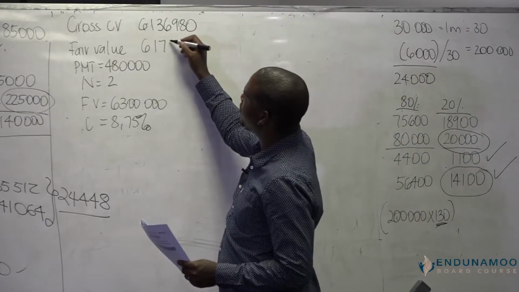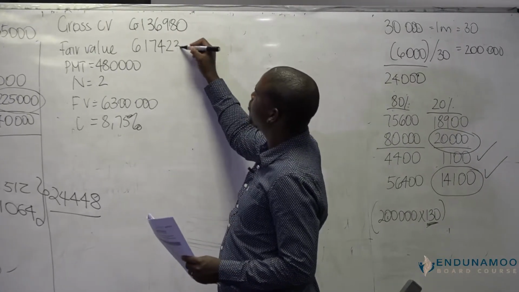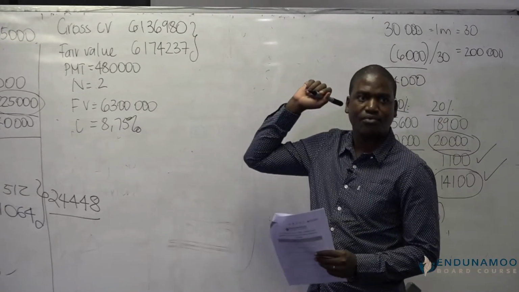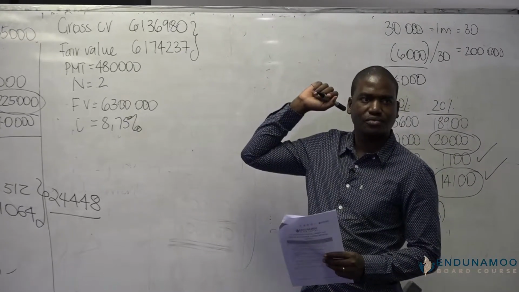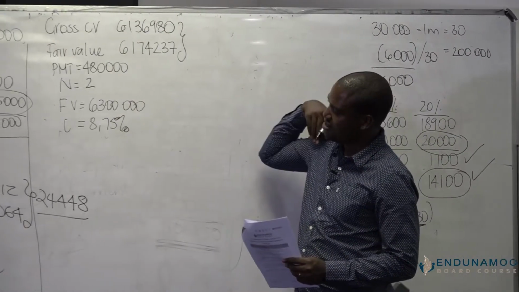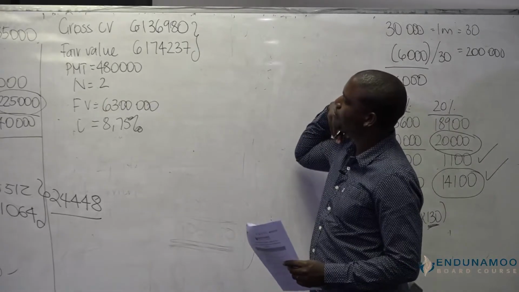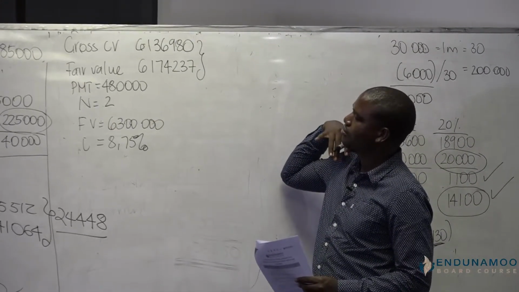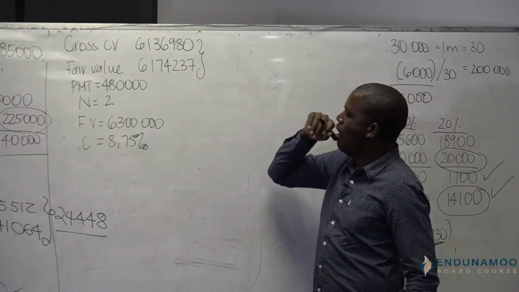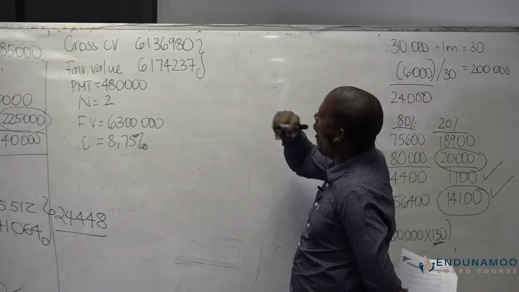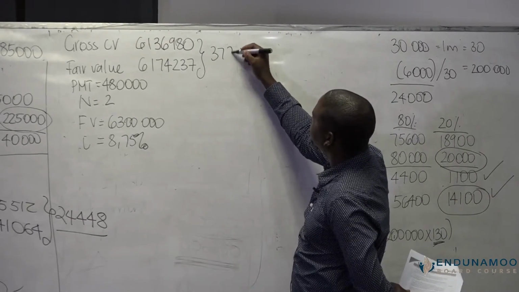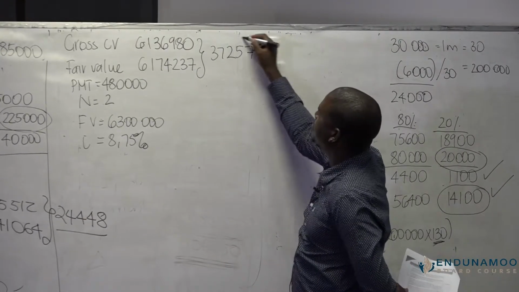Six one seven four 237. Fair value difference. Did you actually need that one? No. Three seven 257.